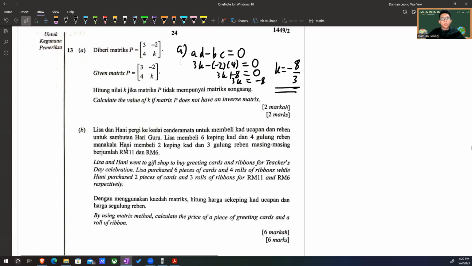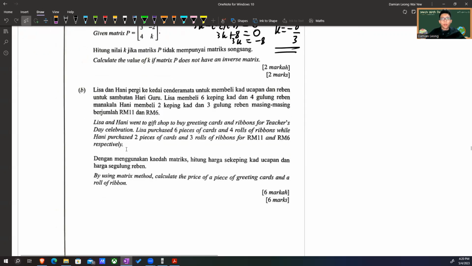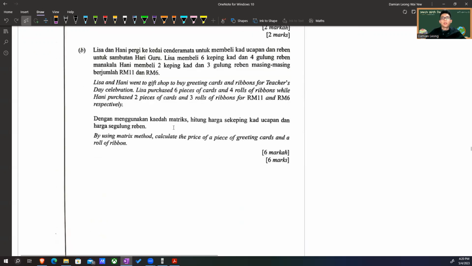As for part B, Lisa and Honey went to a gift shop to buy greeting cards and ribbons for Teacher's Day celebration. Lisa purchased 6 pieces of cards and 4 rolls of ribbons, while Honey purchased 2 pieces of cards and 3 rolls of ribbons, for 11 ringgit and 6 ringgit respectively. So I want to form the equations first. You can use X and Y, or other letters if you want, it doesn't really matter.